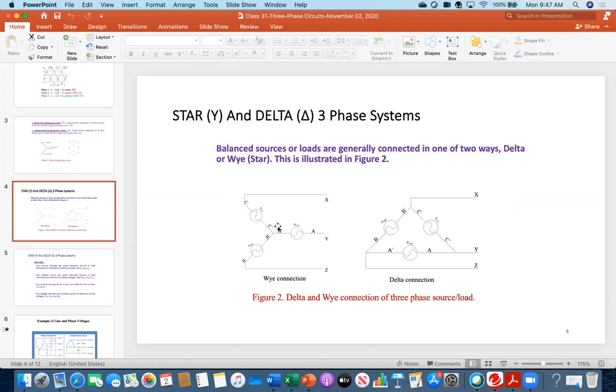You connected a voltmeter, that is the phase voltage. But if you are measuring the voltage between these two points, between X and Y, this is the line-to-line voltage or phase-to-phase voltage. You are measuring voltage between Y and Z: line-to-line voltage or phase-to-phase voltage.